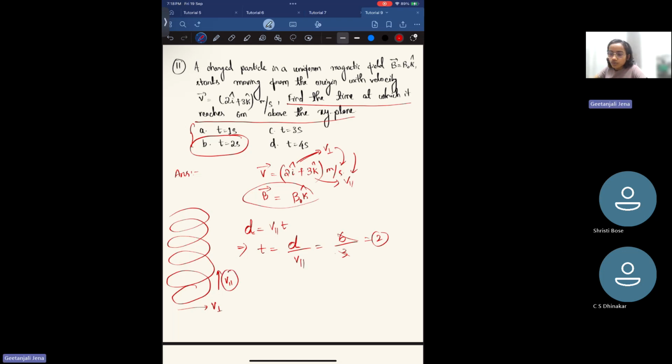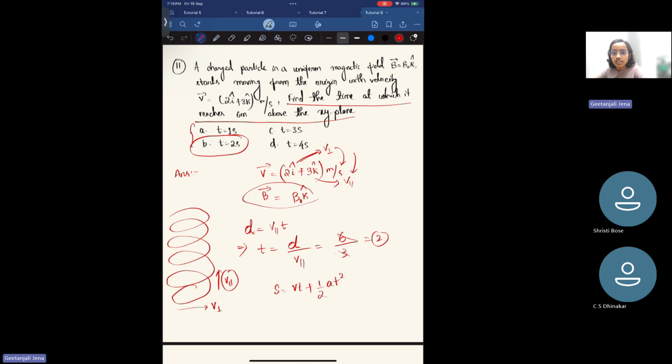Now, we know the general relation between position, time, and acceleration, right? The general formula is distance is the initial velocity times t plus half a t square. This is the formula that we use again and again. But if you see the V parallel component, which makes the charged particle move in the perpendicular direction, there is no force in this direction.